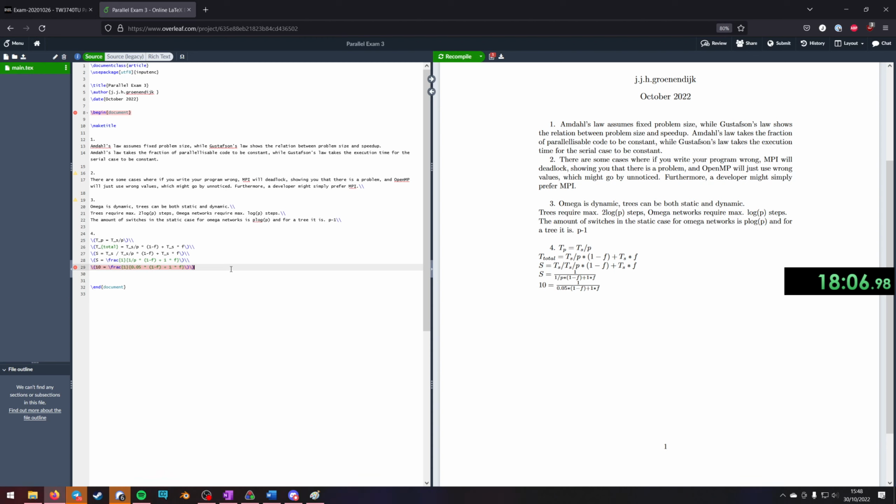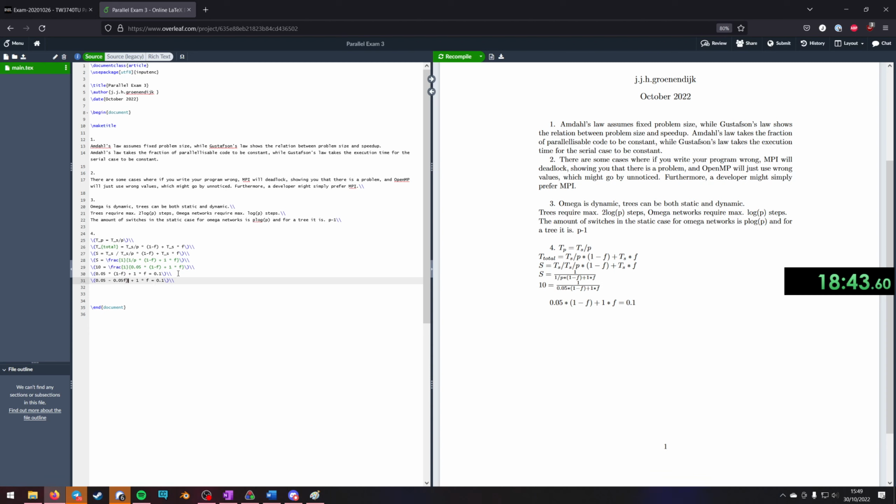Then we swap around the variables: we take this part, move it here, and put the 1 over 10 here, which is 0.1. Then we pull the f out of the brackets, and we get 0.05 minus 0.05f plus f.